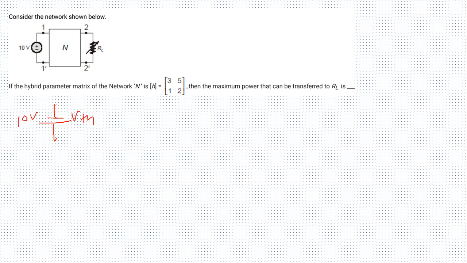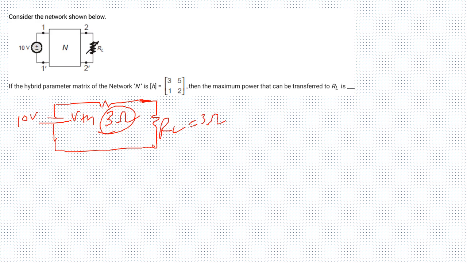And this is my RTH, which is 3 ohms. According to the maximum power transfer theorem, RL should be equal to this resistance, so it is 3 ohms.